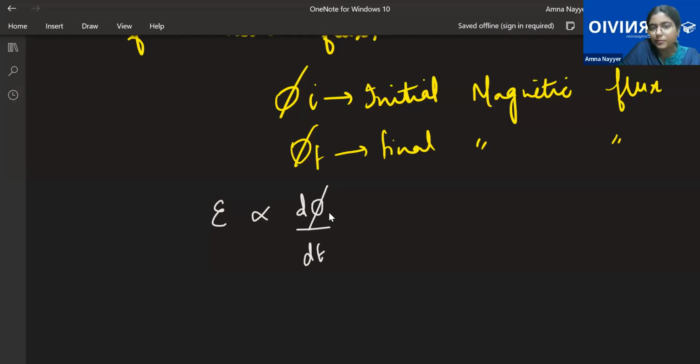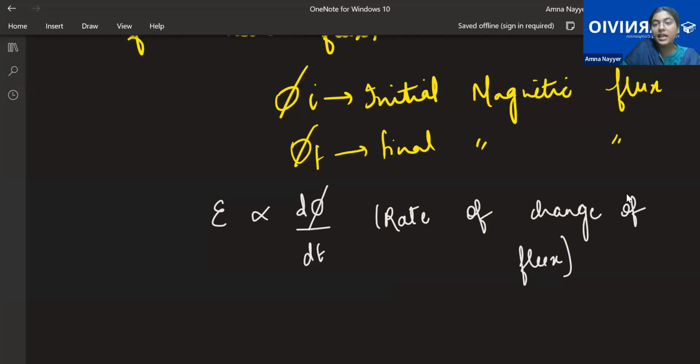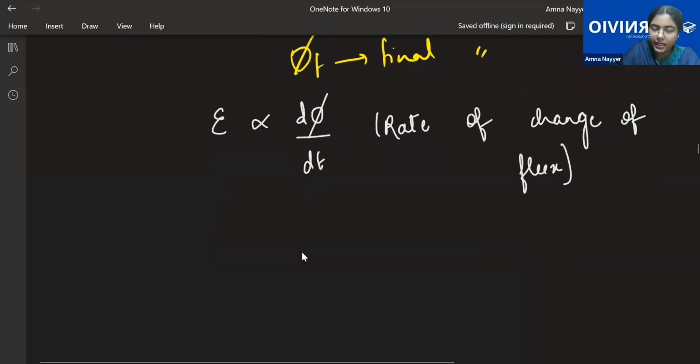E is directly proportional to the rate of change of flux. If the flux changes at a very high rate, lots of values are changing with respect to time. So we get EMF is directly proportional to d phi over dt, right?